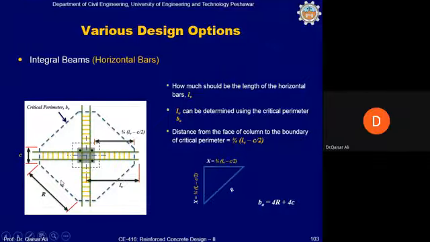So, b naught is basically equal to 4R, 1, 2, 3, 4, 4R plus this side, and this is equal to the column size basically. This is c. So b naught will be equal to 4R plus 4c. Okay, and we need to determine only R. Once we do this, we can calculate Lv.